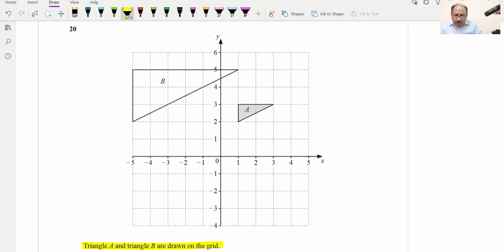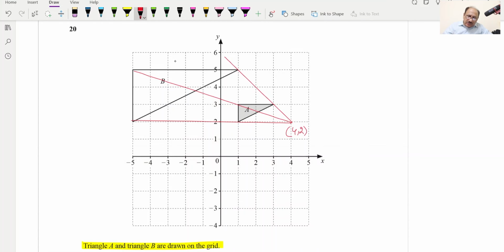If we draw from here, we can join the vertices, and this one also, and the third one also we can join, and we can check this is the center of enlargement, and the coordinates of the center of enlargement are 4 and 2.